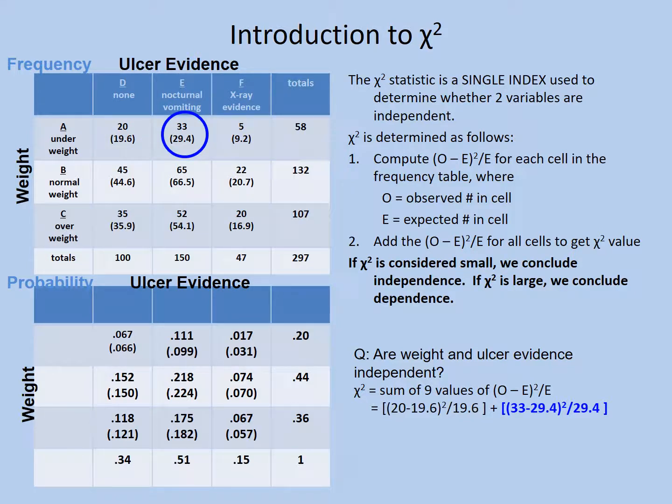The second of these values, which corresponds to those subjects who are underweight and have nocturnal vomiting evidence of ulcer, would be given by 33 minus 29.4 quantity squared divided by 29.4.